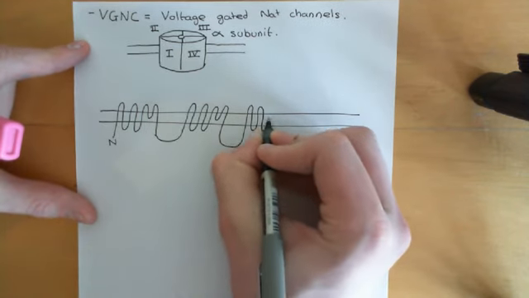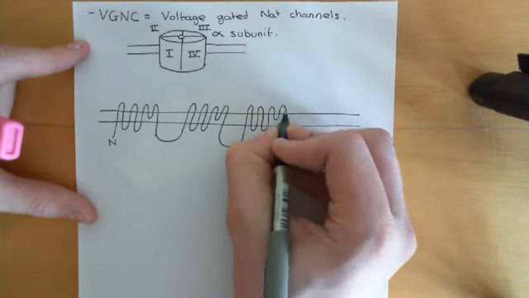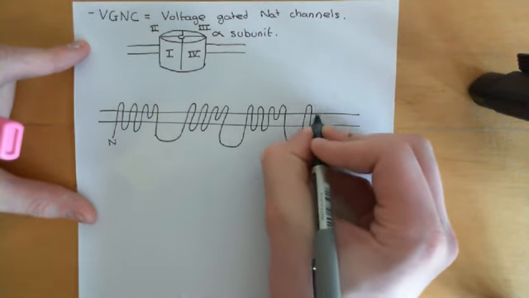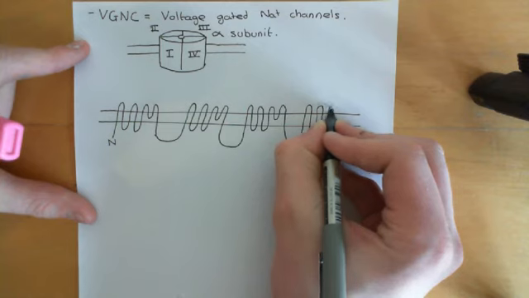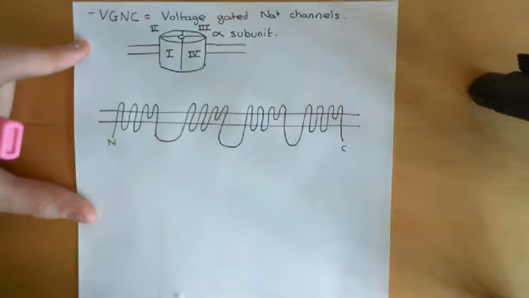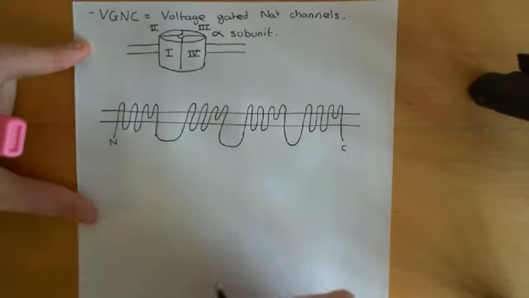Then here is the third domain, again just like a single subunit, and then finally a fourth repeat of this, and then you end up with the C-terminus right over there.